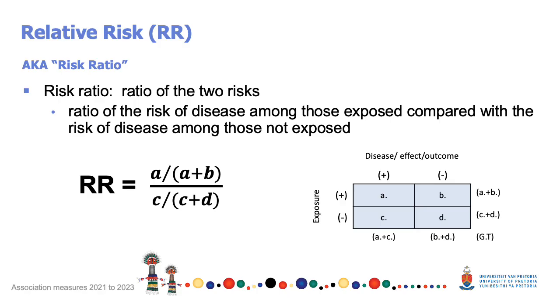To get the relative risk, we simply divide the risk amongst the exposed by the risk amongst the unexposed. So it'll be A over A plus B divided by C over C plus D. The risk amongst the exposed divided by the risk amongst the non-exposed. It's simply the ratio.